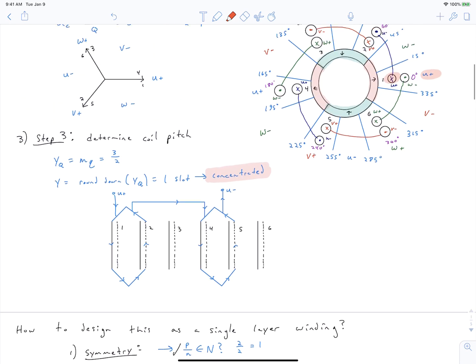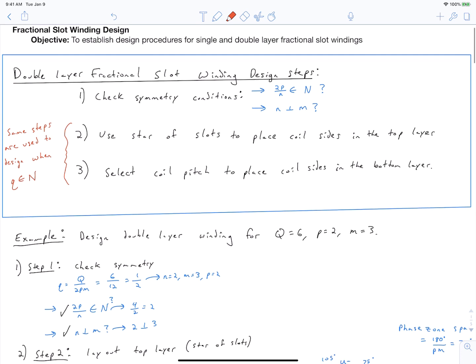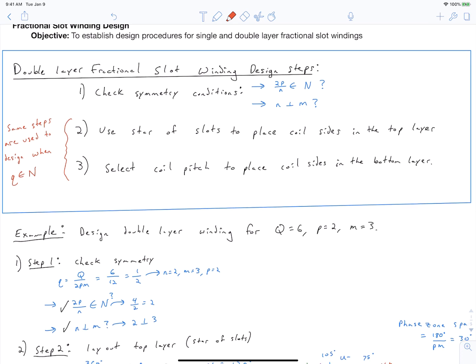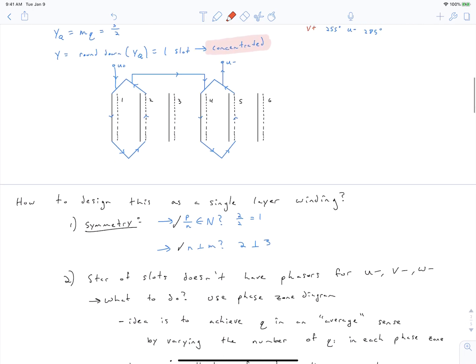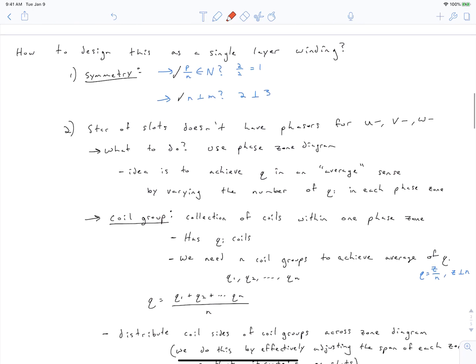So in summary, this video has established design procedures for single and double layer fractional slot windings. The double layer winding was very simple for us. It basically was the same procedure we've already been using, but adding a check of the symmetry conditions. The single layer winding was significantly more complicated.